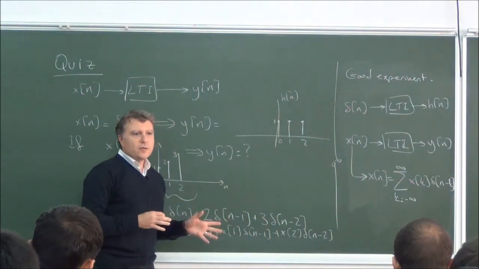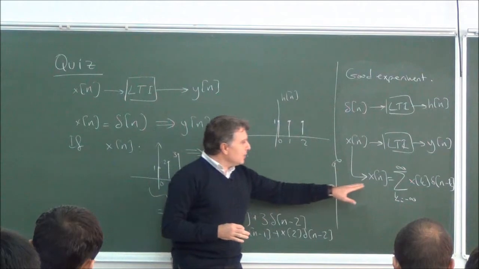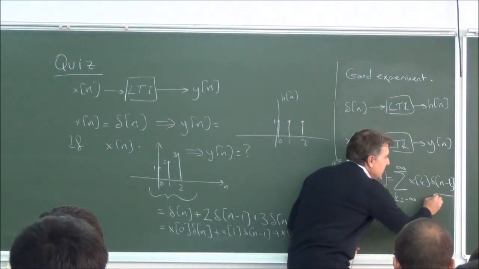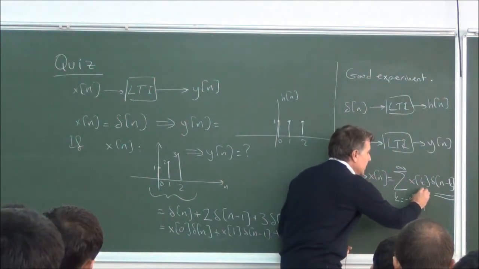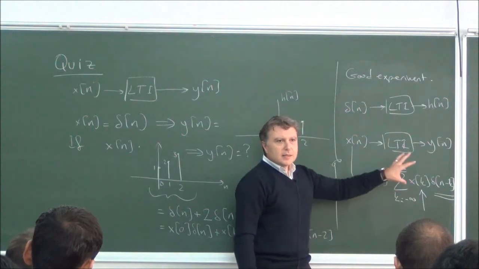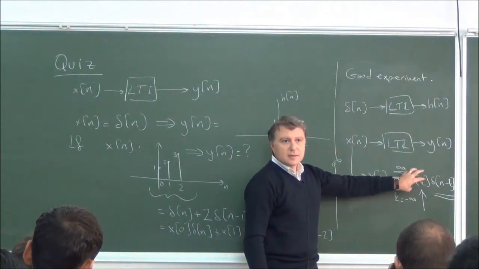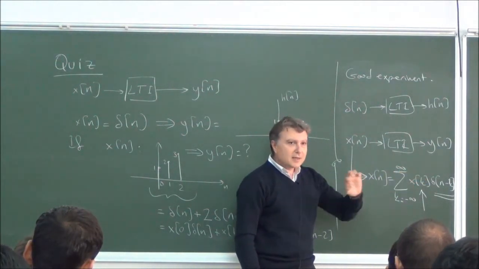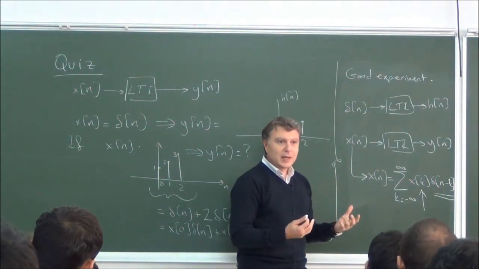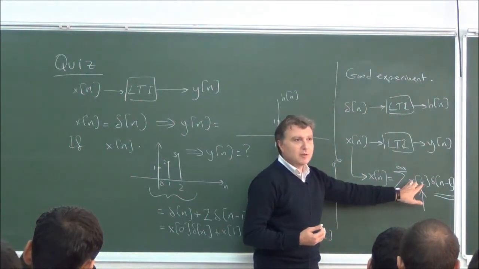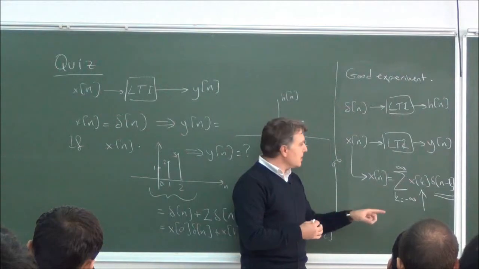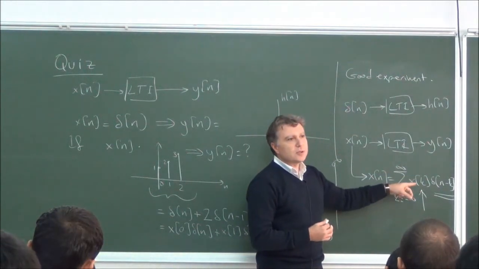So what we observe here is that any kind of an x of n can be written in terms of shifted and scaled impulses. And here the scales are x of k's, and they are numbers. They are the values of this discrete time x function. They are values. These are not signals, okay? Be careful about that. I've mentioned this last week, but I have to insist because this is one of the most confusing things for the students.